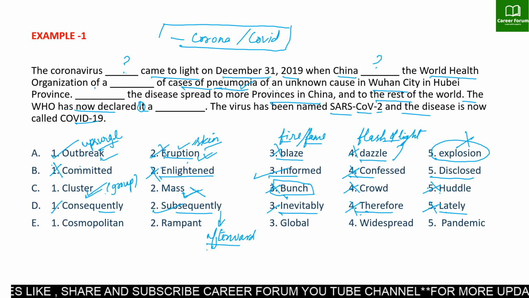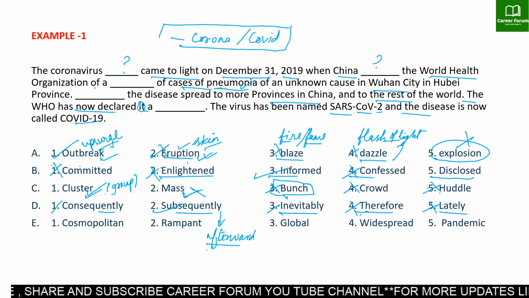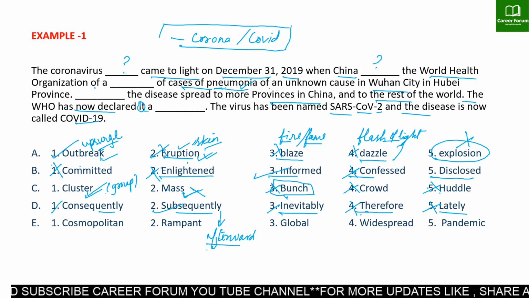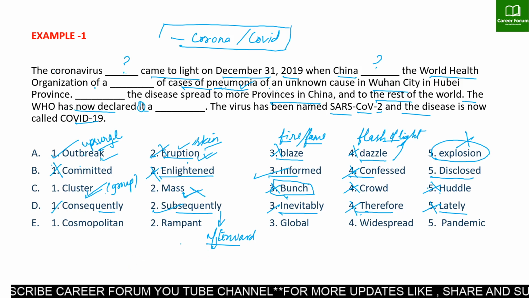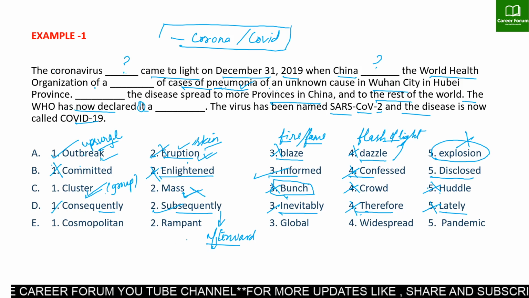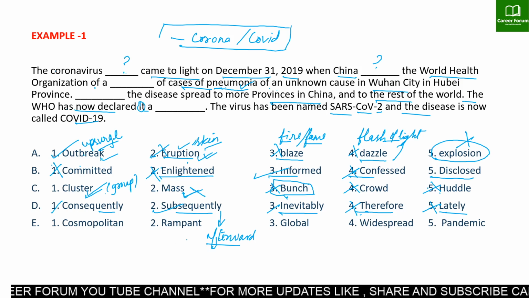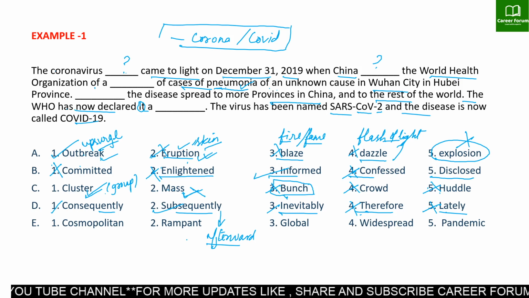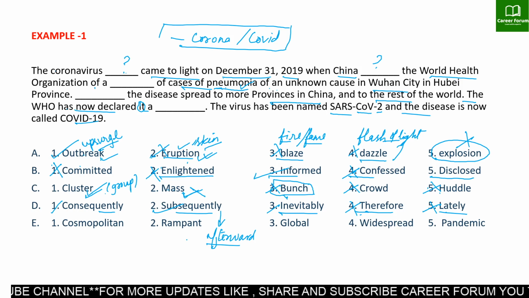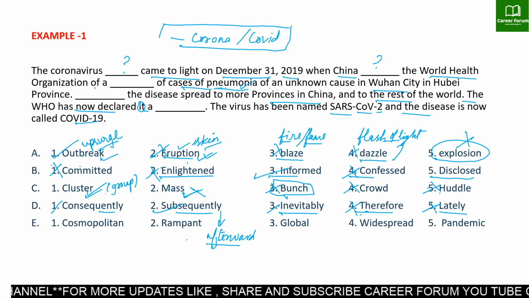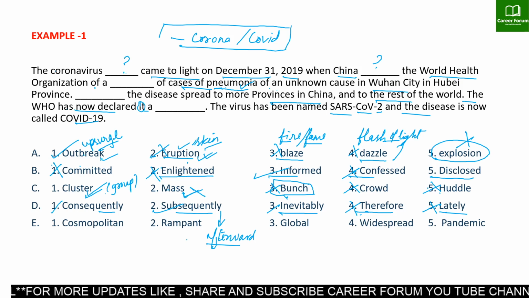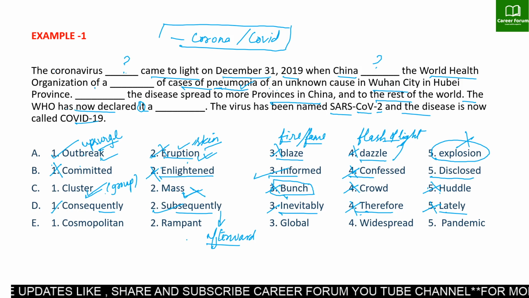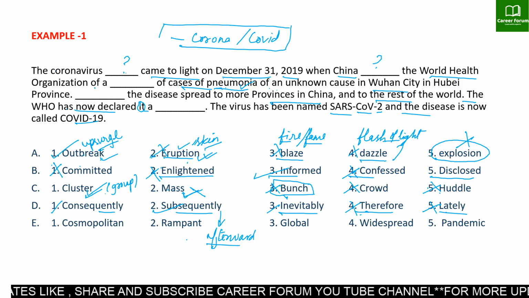Clear? Fine. The next sentence says the WHO has now declared it a blank. Due to its increasing spread, or due to its sudden outbreak and unknown causes, WHO has declared it an epidemic.